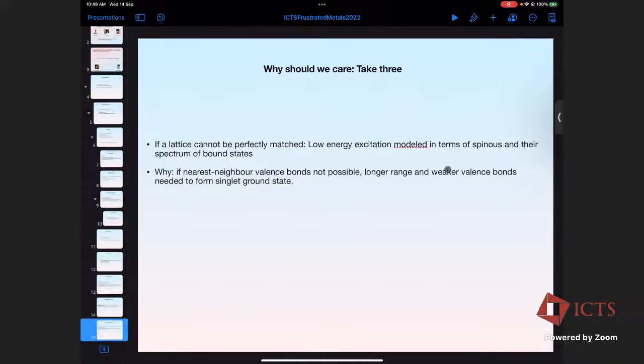And why is that a low energy excitation? Because the intuition is that the longer range valence bonds will have a weaker binding energy and therefore a lower gap to excitations. So these are all the heuristic reasons for caring about monomer dimer models or maximum matchings of diluted lattices, because we expect there will be interesting consequences for magnets, especially frustrated magnets that have short valence bond phases on such lattices.